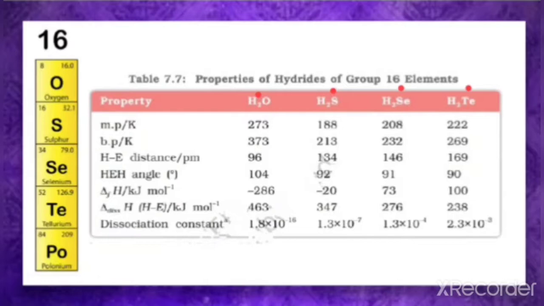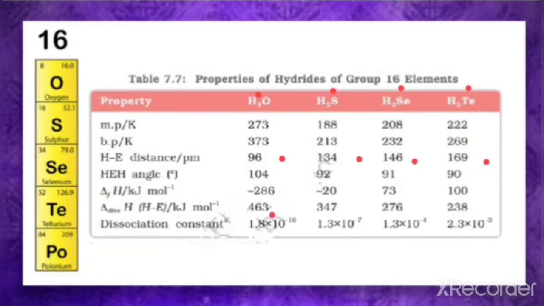The bond length is given in picometers: 96 for H2O, then 134 for H2S, 146 for H2Se and 169 for H2Te. This shows that the bond length is increasing because the size of the central atom is increasing. So, the greater the bond length, the easier it is to break the bond. That means less energy is required.